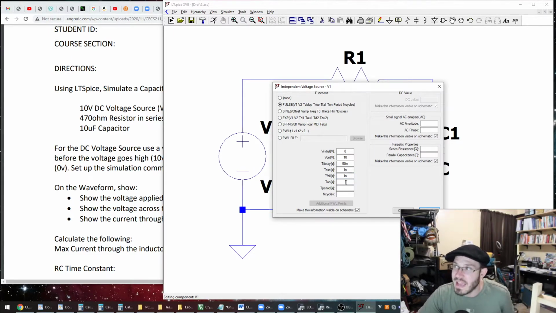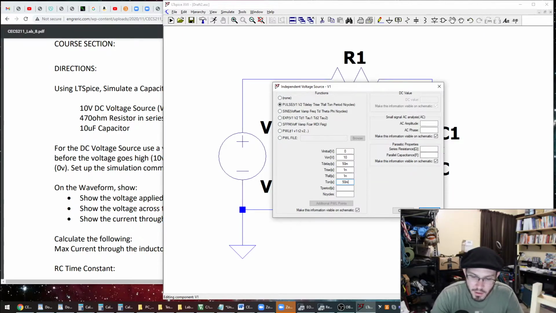The time that we stay on, we're going to do the same thing we did last lab. We're going to have this pulse be off for the same amount of time that it is on and then go back to off. T delay is 50M, little m. Time on will be 50M as well.